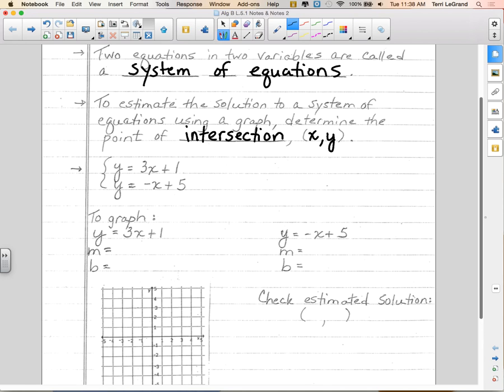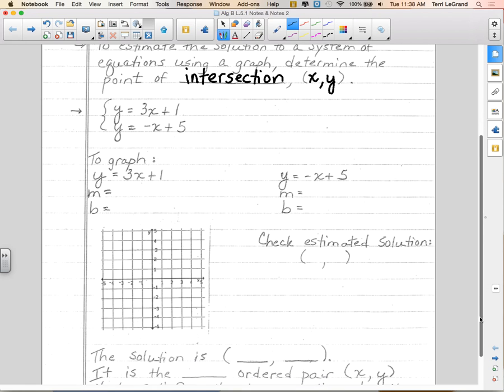So, anybody remember what that form is called for that linear equation? Y equals 3x plus 1. And by the way, the other one's a linear equation also. Y equals -x plus 5. It is a linear function. What type of form is it in? Well, standard form is this. Ax plus by equals c. Do they appear to be in that form?